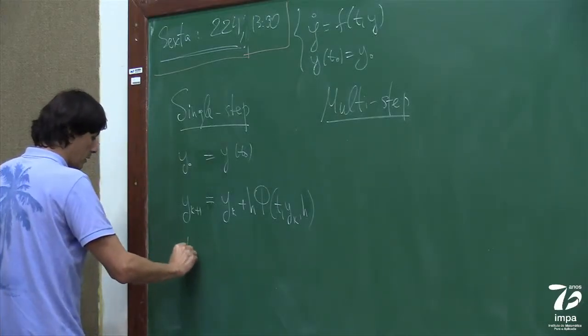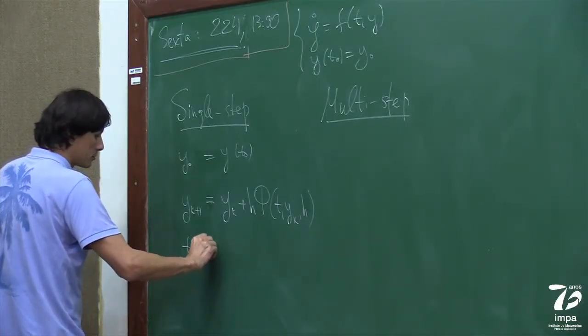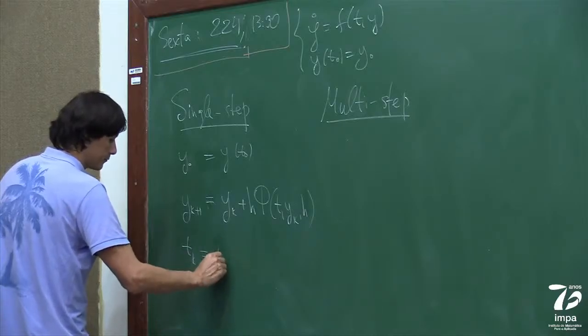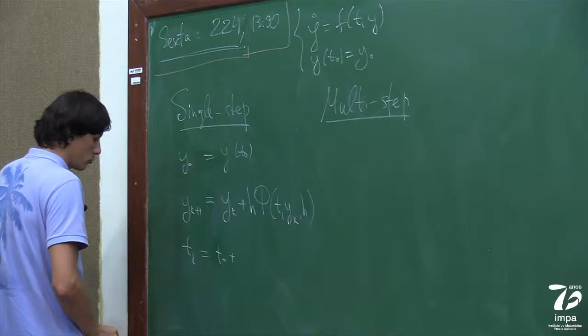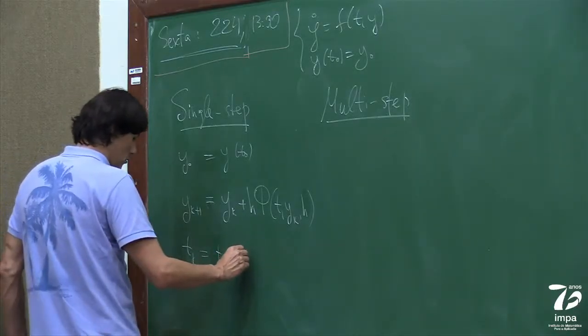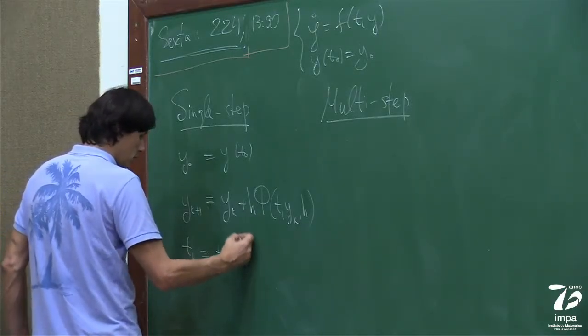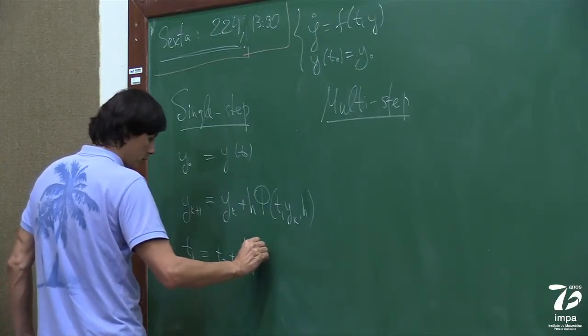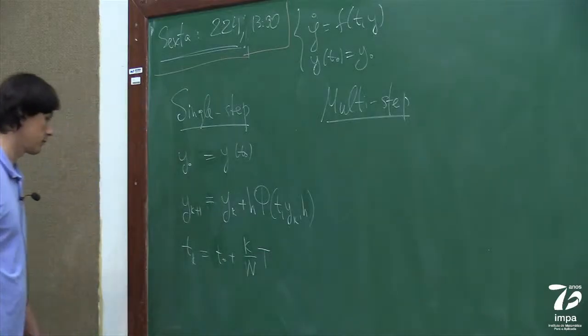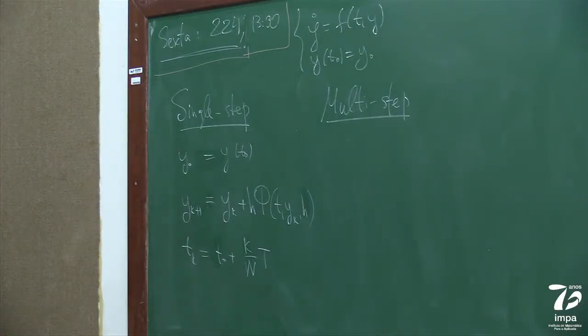The time is t0 plus k over n steps of the time interval. This is more or less the idea.